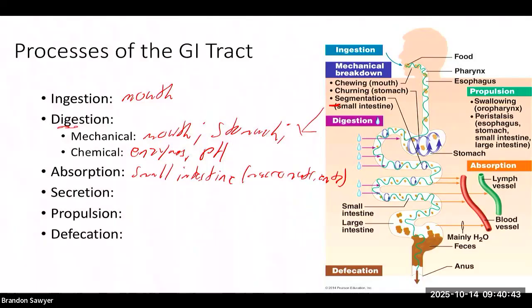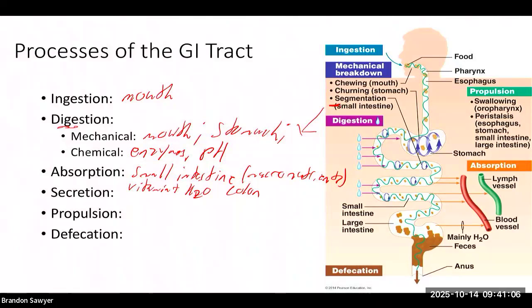Okay, we get some vitamin and water absorption in the colon, in the large intestine, but pretty much all macronutrient absorption happens in the small intestine.